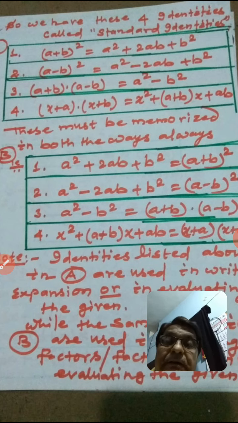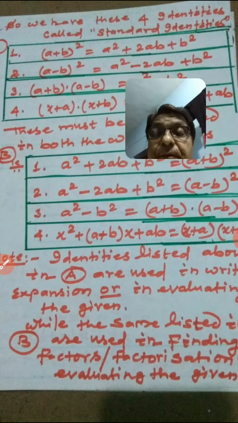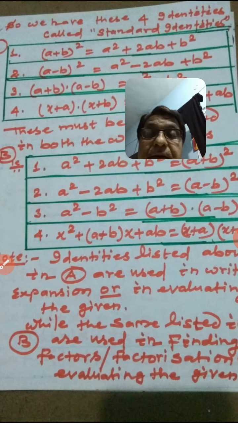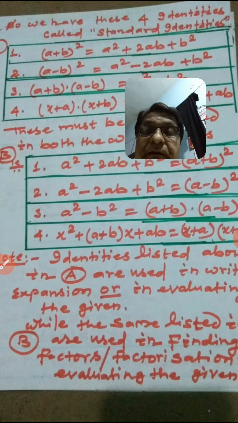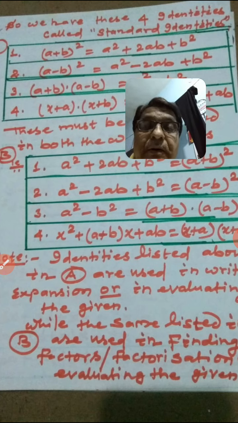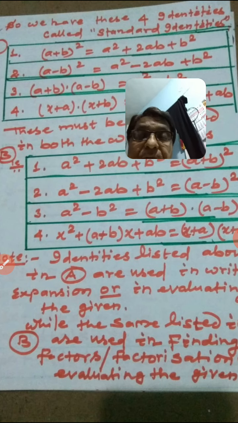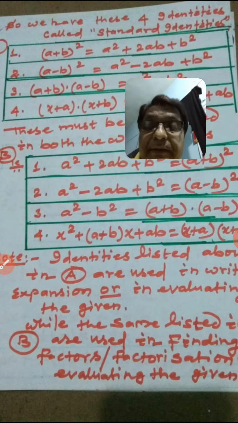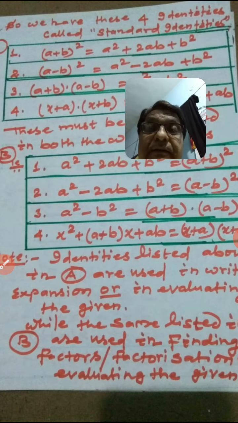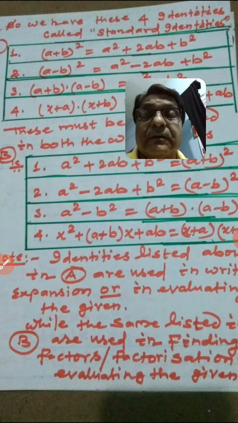So memorize it in both ways. These things are written here. The identities listed above under name A are used in writing their expansion or in the evaluation of a given question, whereas those listed in column B, under name B, are used in finding factors, which is called factorization, as well as in evaluation of a given question.